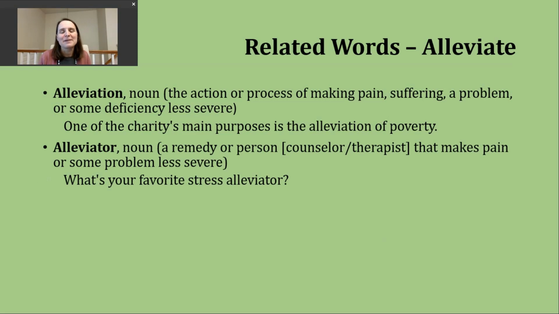So, an example of this noun in a sentence could be, one of the charity's main purposes is the alleviation of poverty. Right? So poverty is referring to the condition of being very poor, and so this particular organization is working to make the problem less severe.